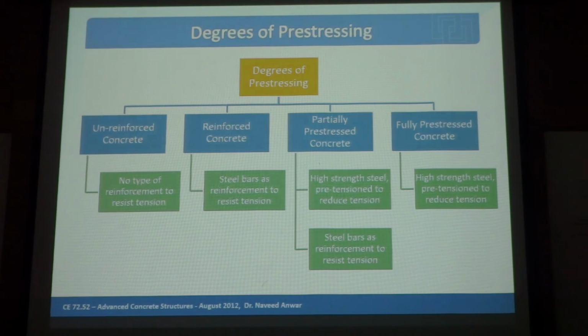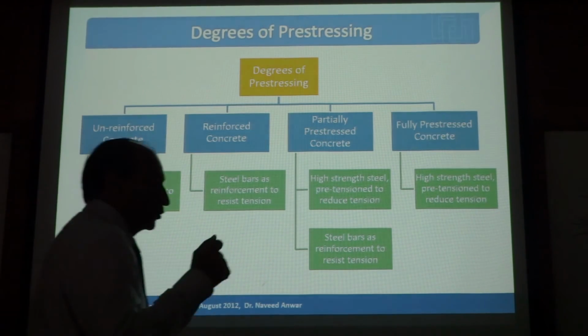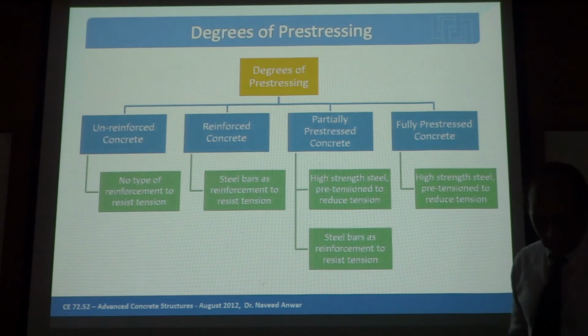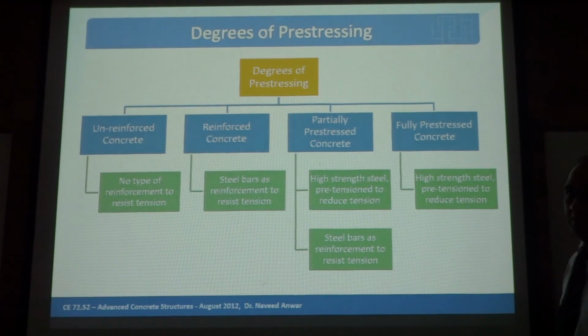No, structural, unreinforced concrete. Pavements, road pavements, dams, most of them are unreinforced, right? Because we utilize the tension and go up to that point. So it is not completely a waste. All road pavements are mostly unreinforced.